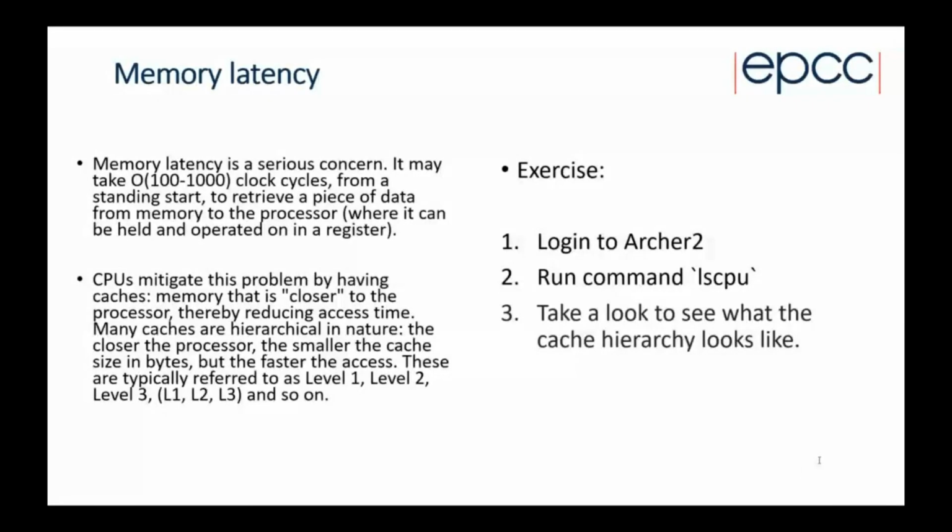Hi, Jen. What is the instance? What do you mean by the instance here? Oh, sorry. In this, I think it's the number of copies of this you have across the CPU. I imagine that because the number of cores you have on one of these Archer 2 CPUs is quite high, we'll come on to that in a second when we talk about parallelism, it's relating to the number of copies of these caches that you have.